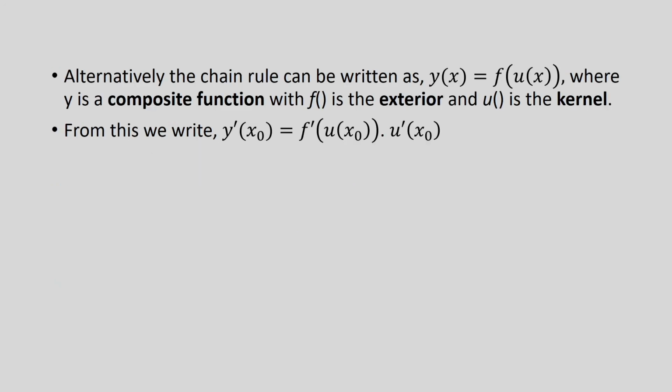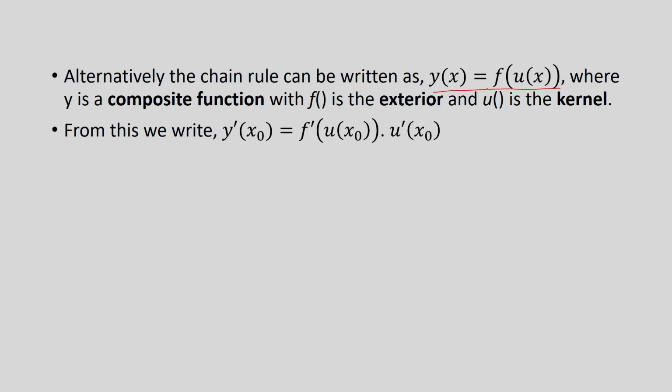Alternatively, the chain rule can be written as the following. Suppose y is a function of x and x is itself a variable, but it affects u, right. So, y as a function of x can be written as f of u of x, because u affects y, but x itself affects u.